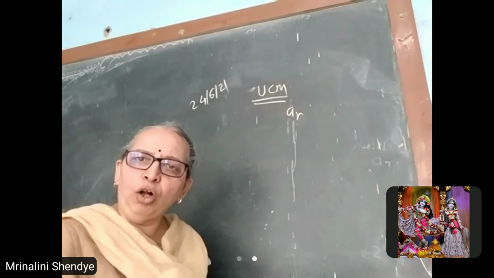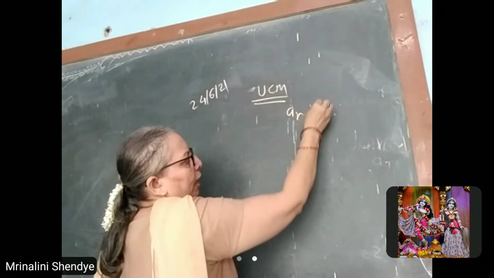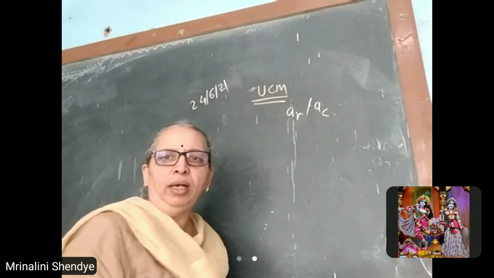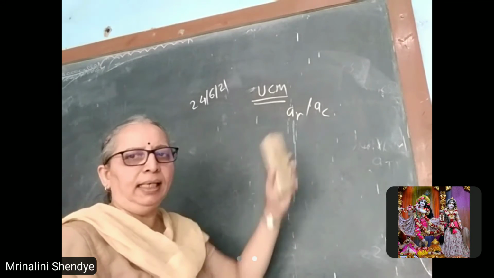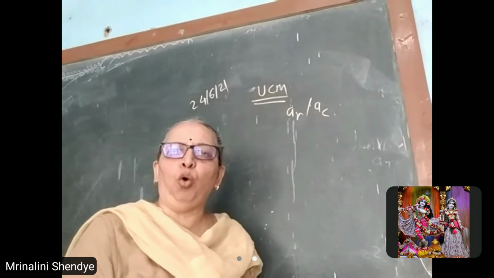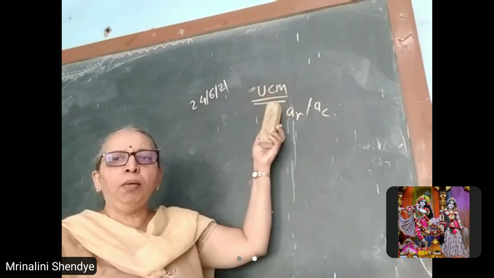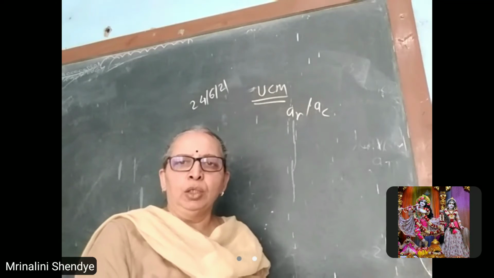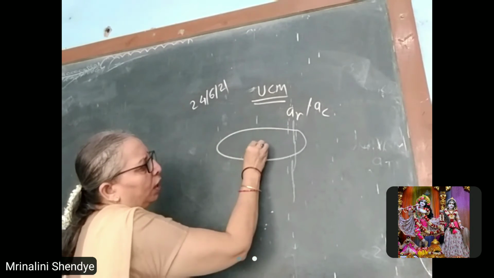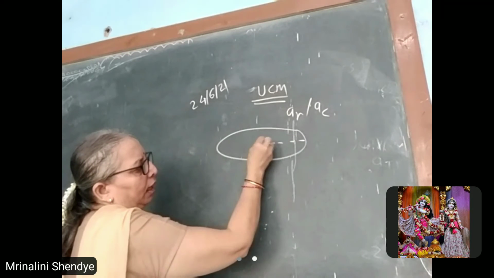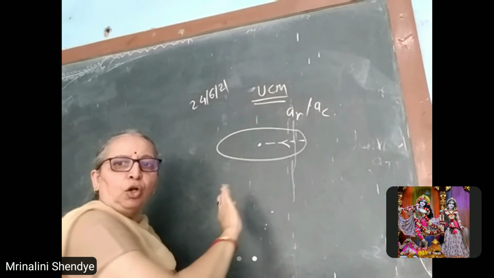It is also called centripetal and represented by the symbol AR or AC. So this acceleration is present in uniform circular motion, and it is always directed towards the center, opposite to the direction of the radius vector.